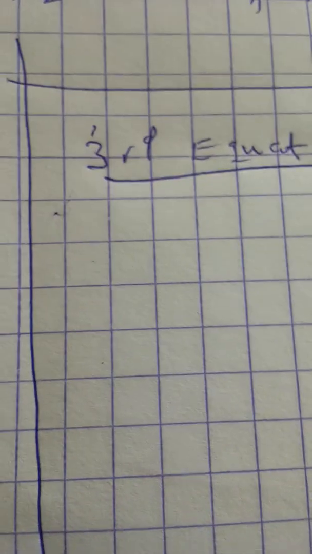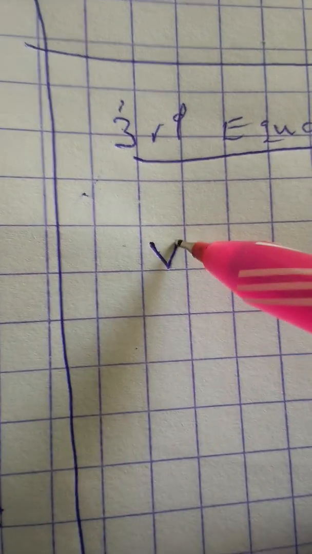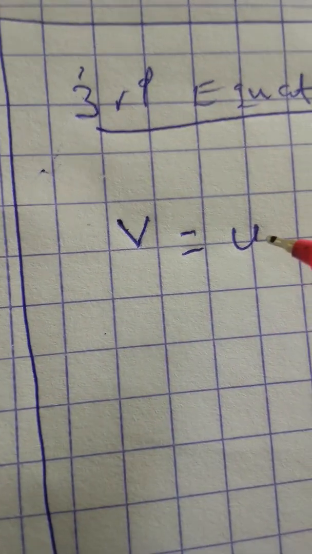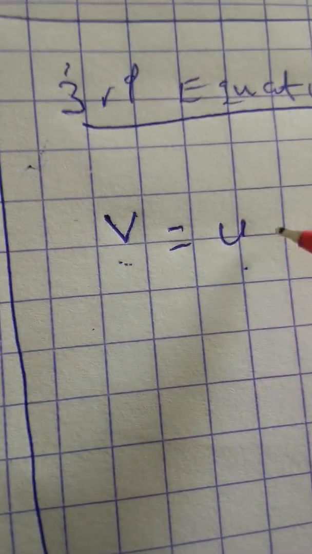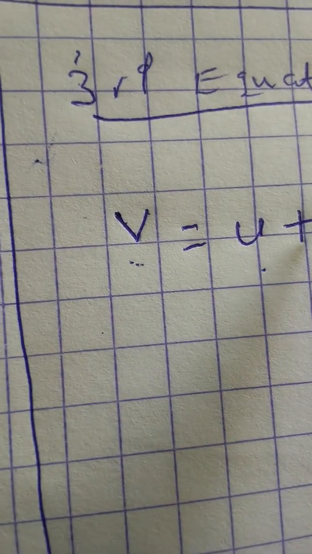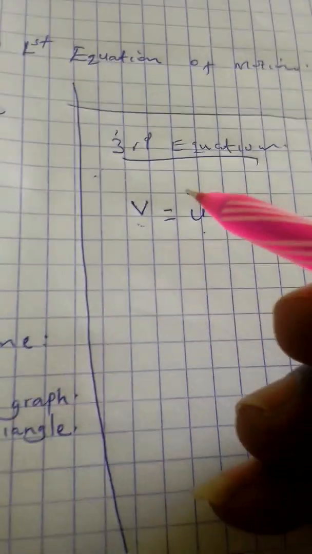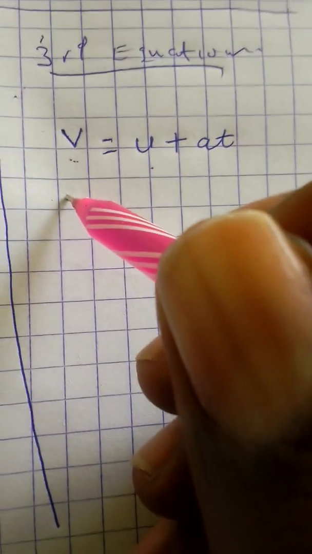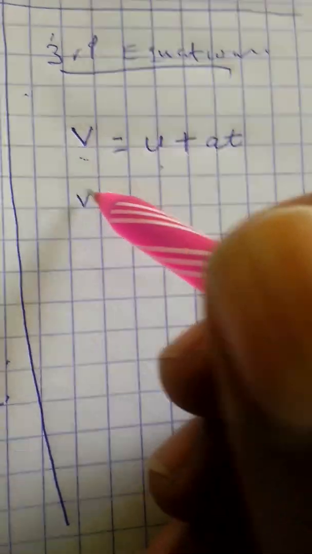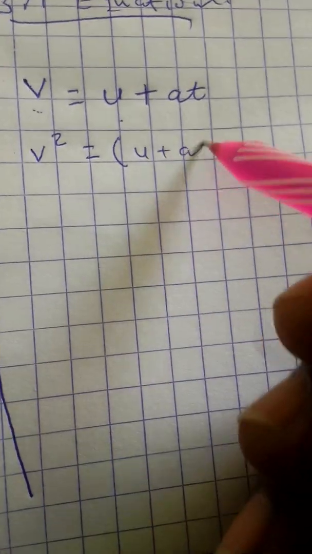To find the third equation, we have to take the first equation, which is final velocity is equal to initial velocity plus at, acceleration times time. So after getting this, we will have to square both sides. v squared is equal to u plus at, all squared.